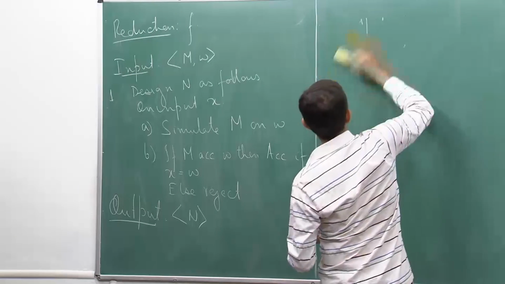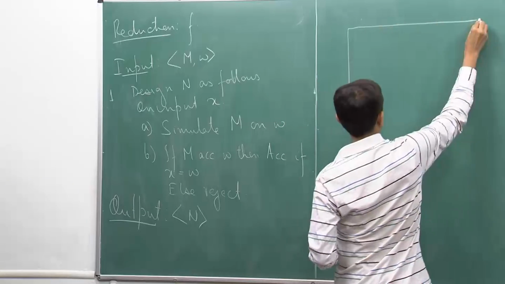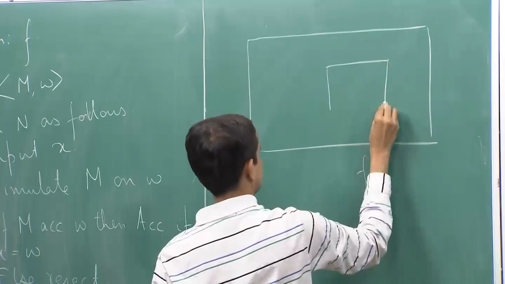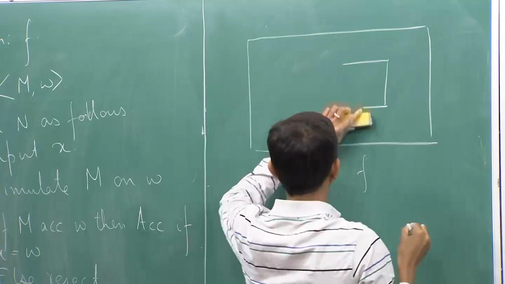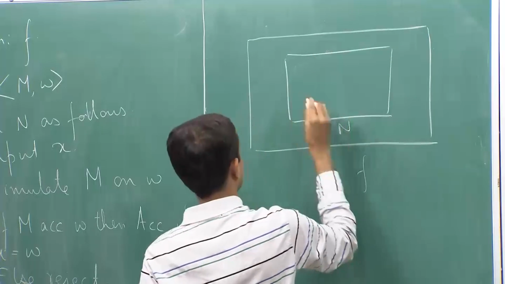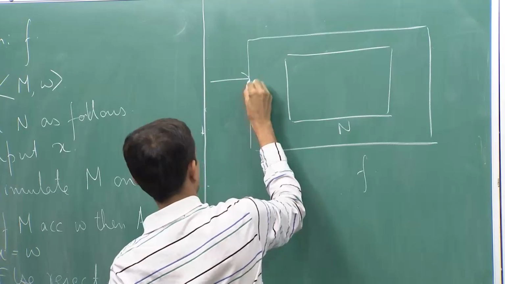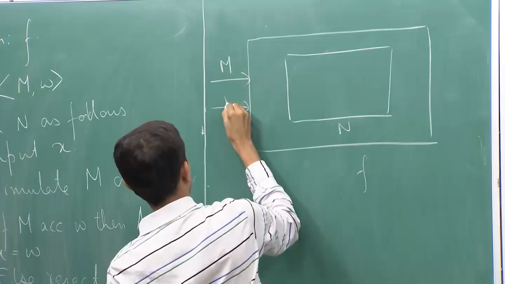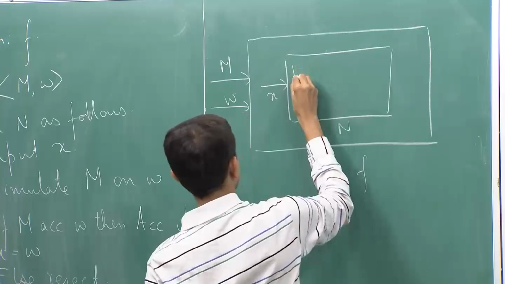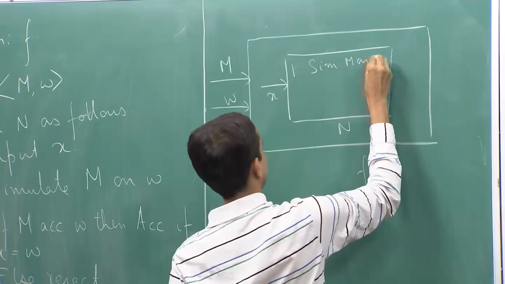Let us look at the representation. This is my reduction f that I want to design. Inside this I am designing the machine N. f takes as input two things, an M and a w, and N takes some x as input. First it will simulate M on w.